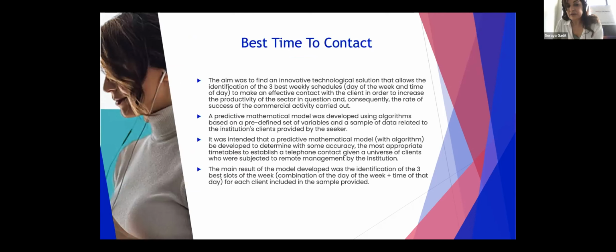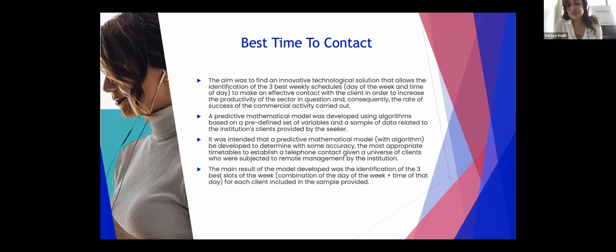The other challenge that we solved was for the biggest bank here in Portugal also. They asked the solver for an algorithm with artificial intelligence to see what is the best day and time for the call center to contact a person.